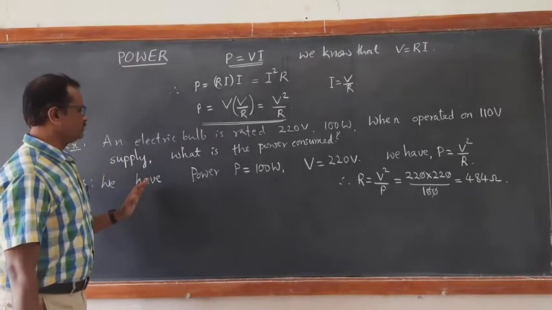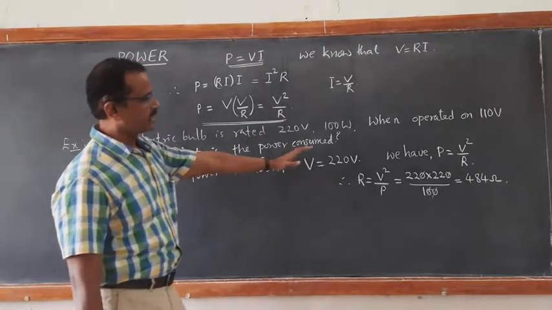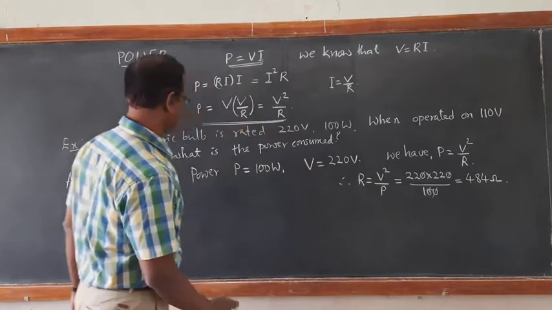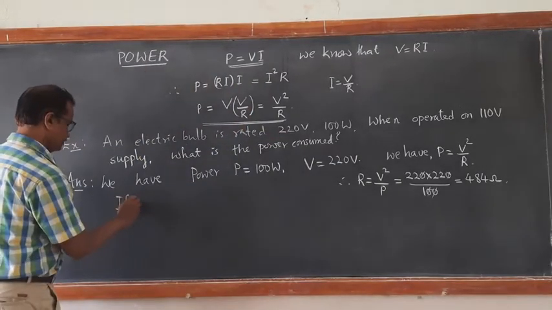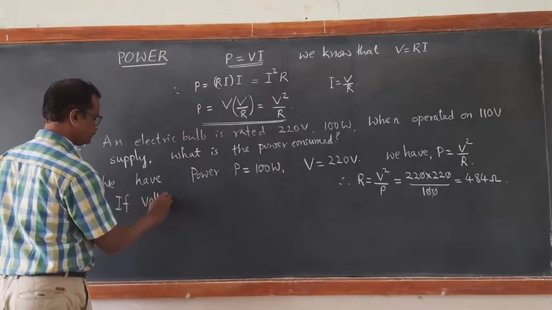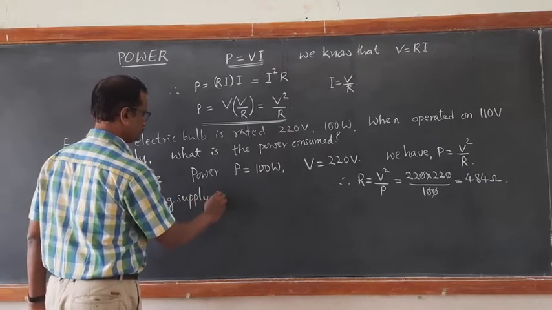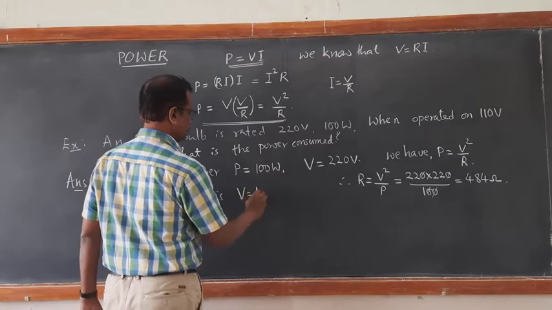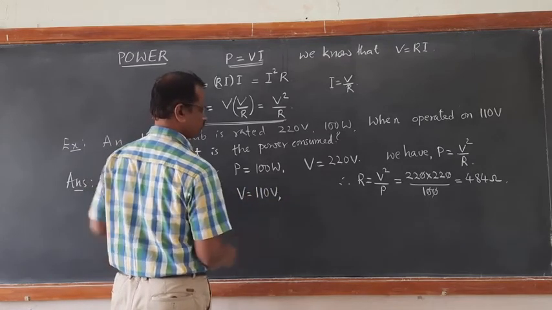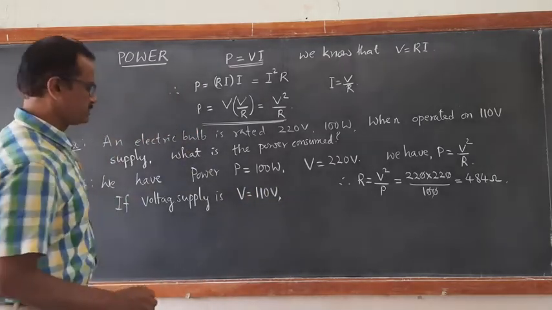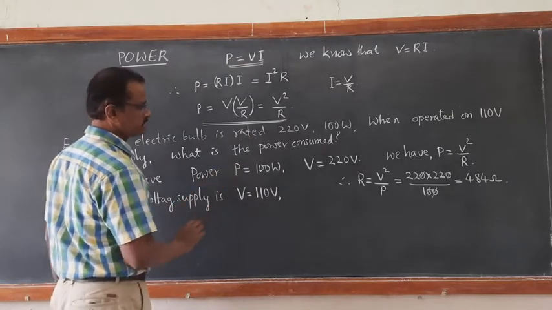Now let us calculate what is its power if it is connected to 110 volts. If voltage is 110, what happens to resistance? Resistance remains the same.